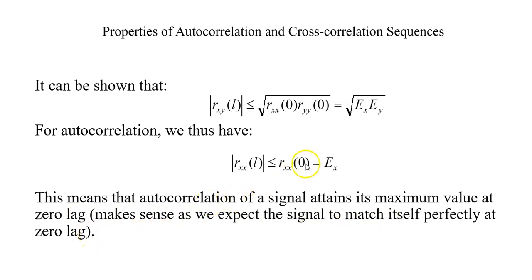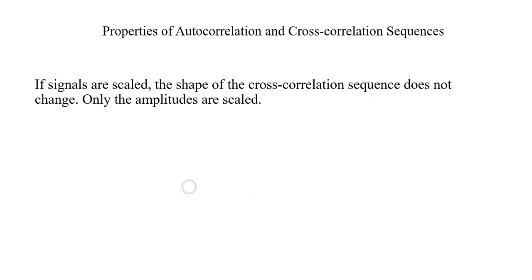Of course, at 0, the signals are matching, they have no delay, and they have the same values, so it will give you the maximum of multiplication when there is no shifting. If signals are scaled, the shape of the cross correlation doesn't change, only the amplitude is scaled.